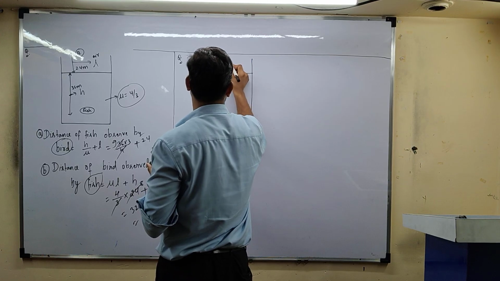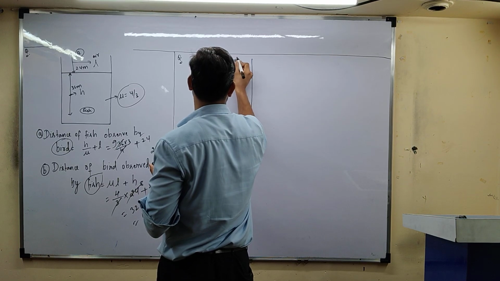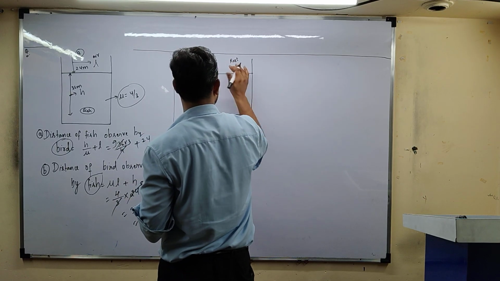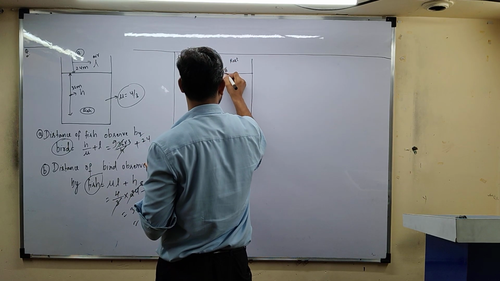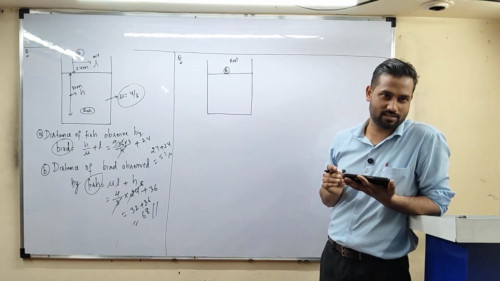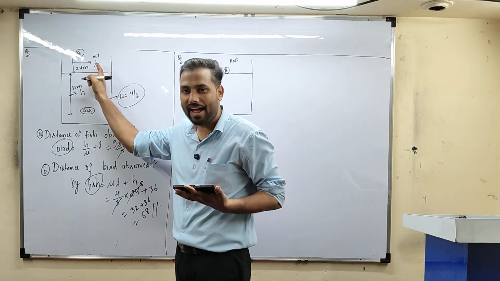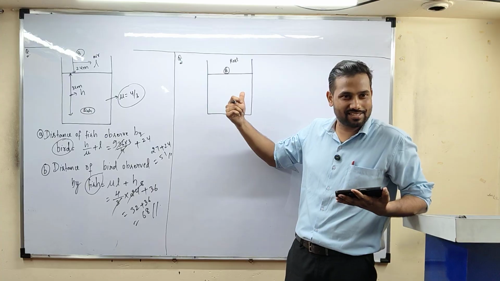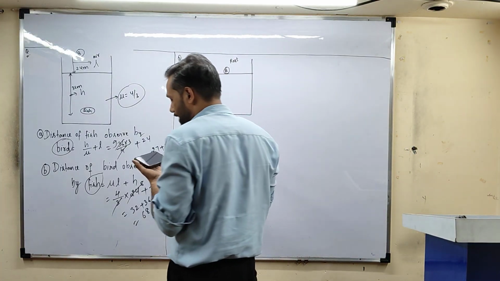Here the bird is at rest and the bird is just above the medium of water. It's not that here we have that length, but in this case it's not like that. It's a different scenario.